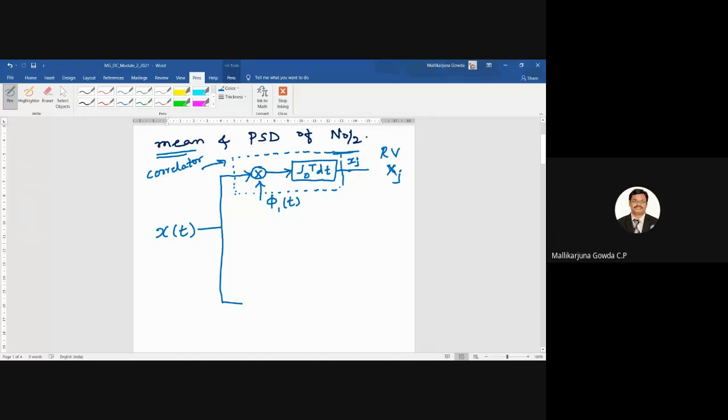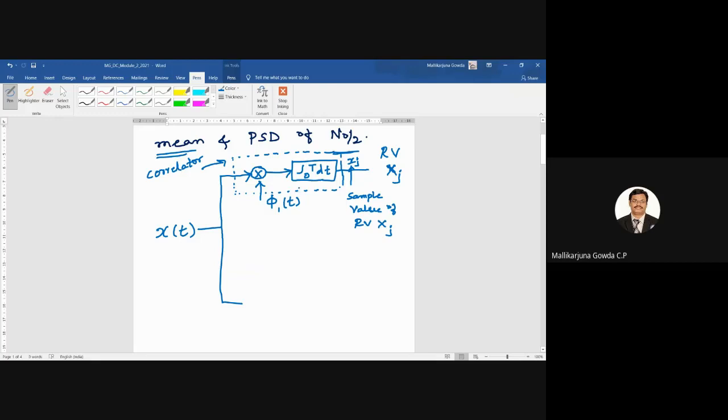Capital Xj is the random variable, and small xj is the sample value of this random variable.